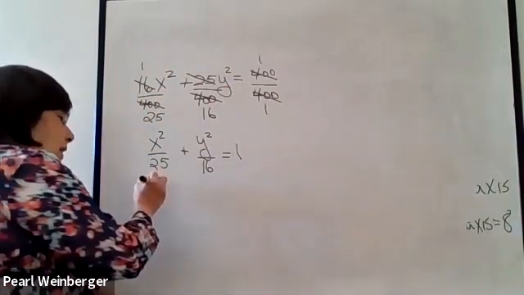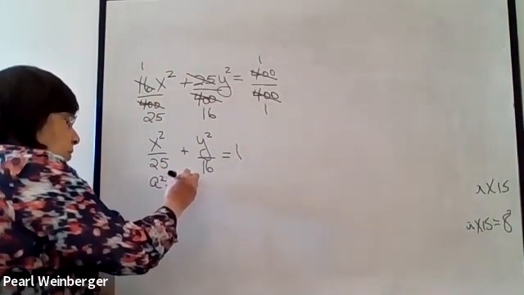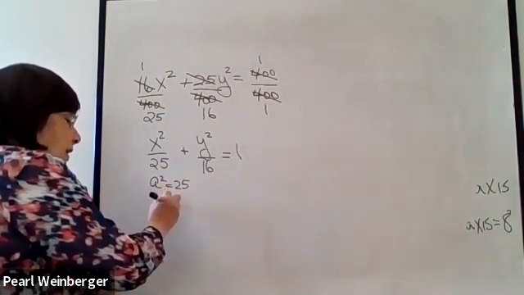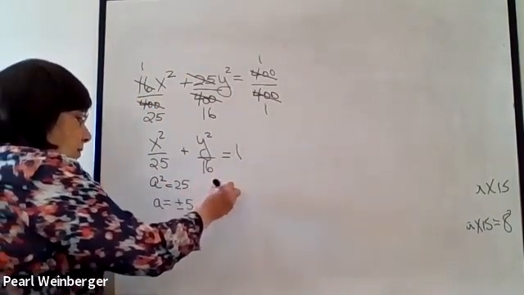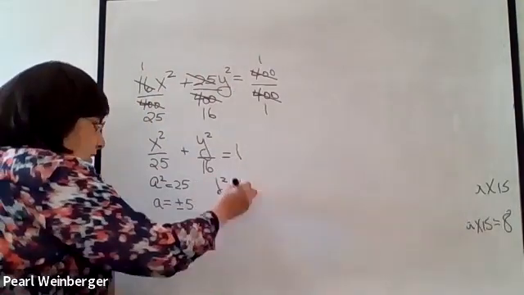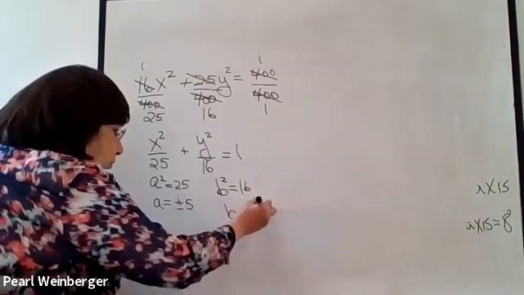But now I can say, I know the a squared is 25. So the a is plus and minus 5. And again, the b squared is 16. So the b is plus or minus 4.